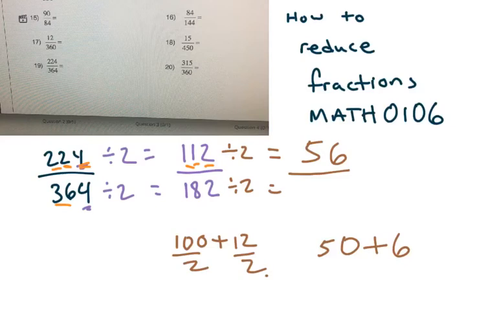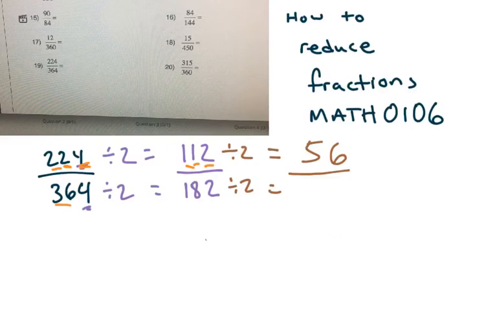182 divided by 2, that should be fairly simple for you. You're just going to do 18 divided by 2 is 9, and 2 divided by 2 is 1. Okay? And from here it gets a little tricky, because I'm not certain about 91 and 56. Well, 56 we know could break down, it's even.